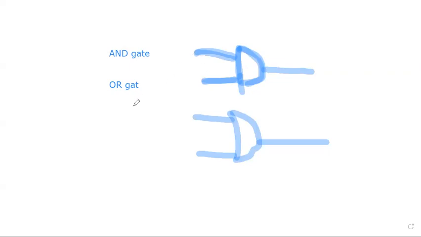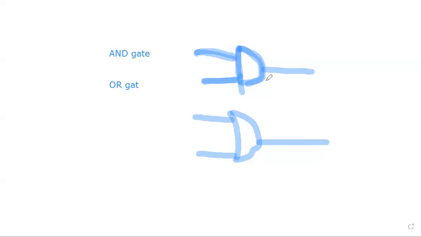So basically we have two different logic levels, 1 or 0. Depending on the combination of ones and zeros at the inputs of these AND or OR gates, we will have different logic outputs, and that's what makes the definition of a combinational logic gate, such as the AND gate and the OR gate.